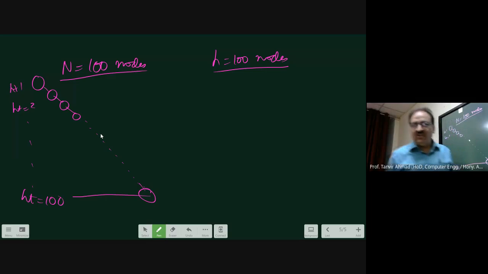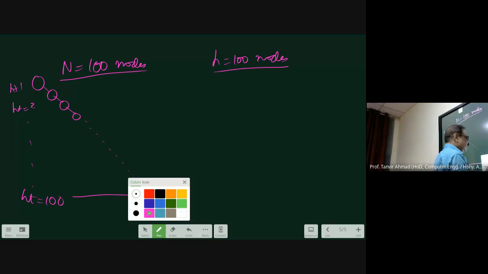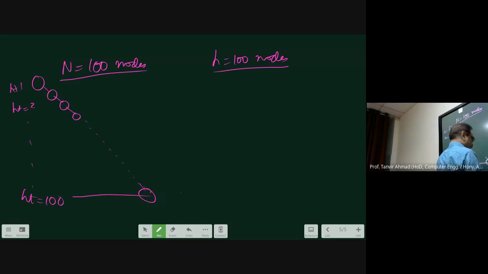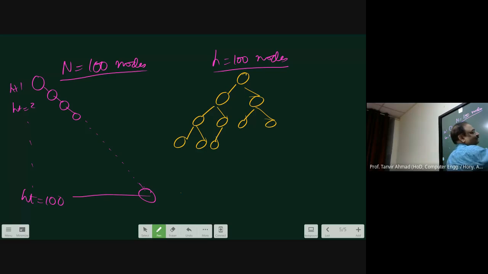See, in the best case, the tree would be a complete binary tree. That means it will be somewhere like this. Now tell me, height 1 will contain 1 node.